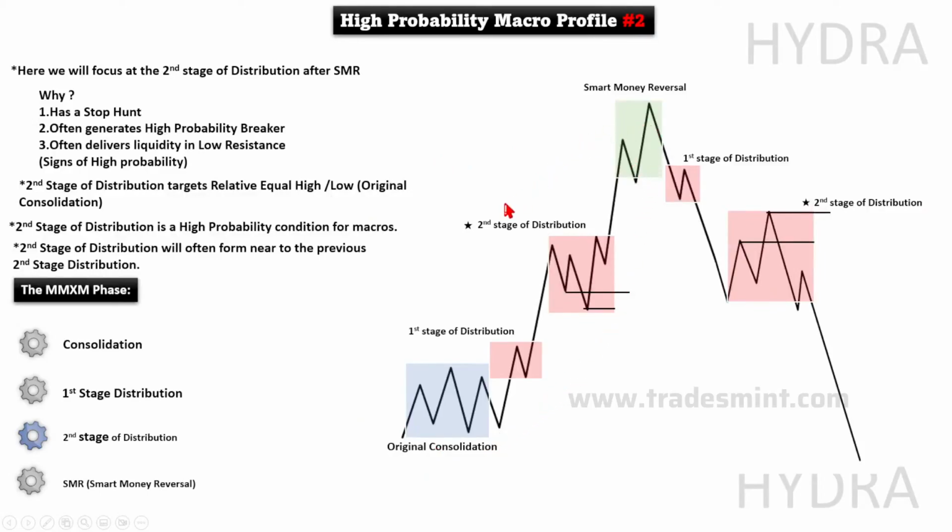And we are outlining this structure in hindsight. So once we are done outlining the second stage of distribution in hindsight, in our new chart, in our new market cycle, we'll be looking for a new breaker to form near to the second stage of distribution. I hope it's clear.